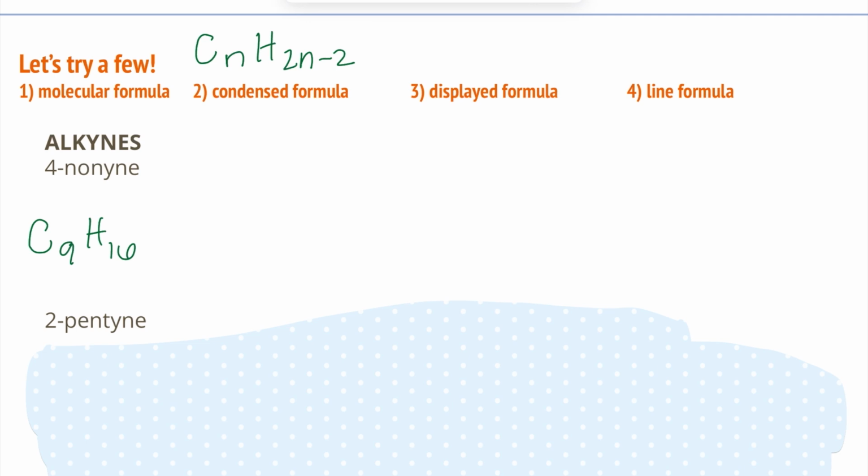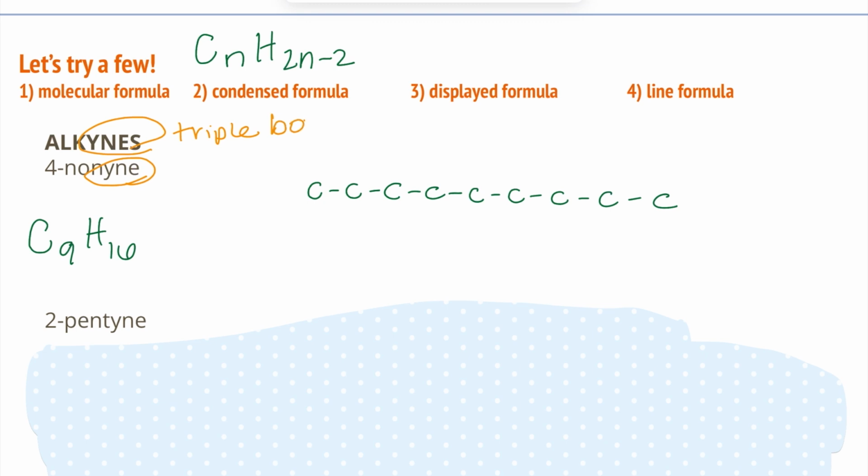And then we're going to have 9 carbons, 1, 2. And then that 4 means my triple bond is going to be coming out of the 4th carbon. So 1, 2, 3, 4.